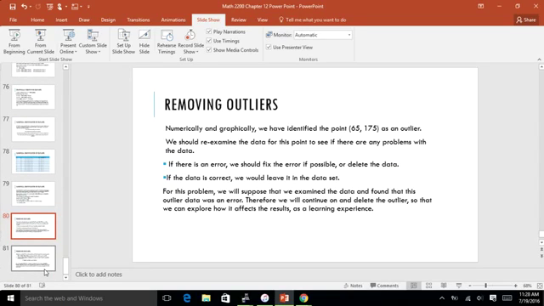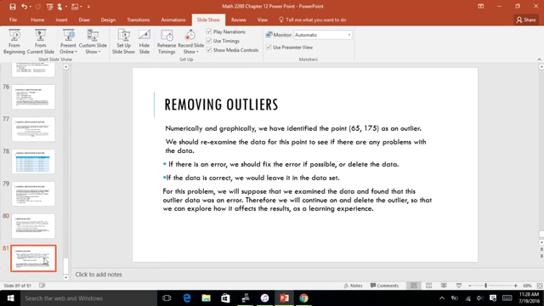Sometimes you can remove outliers, but I'm going to warn you, you've got to be very, very careful with this. When we say something is an outlier, we re-examine our data to see if there's any problem with it. If there's an error, we need to either fix the error or delete the data. If the data is correct, we just leave it. For this problem, suppose we found that the data was an error, something was put in incorrectly.